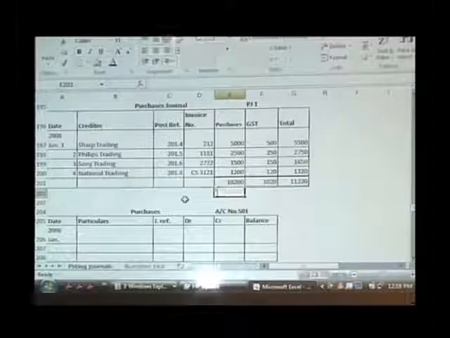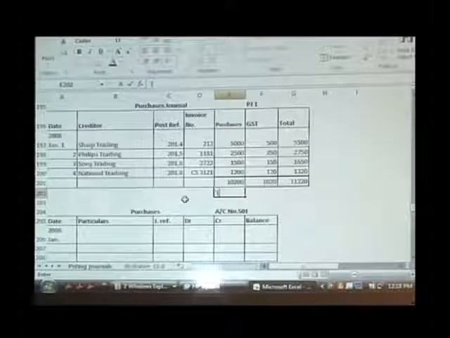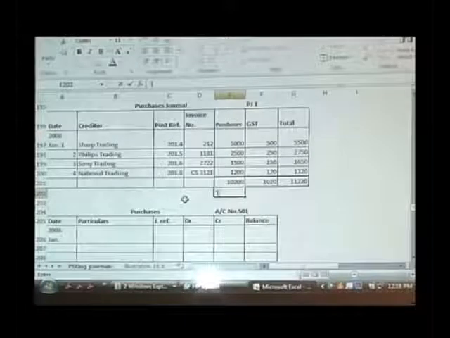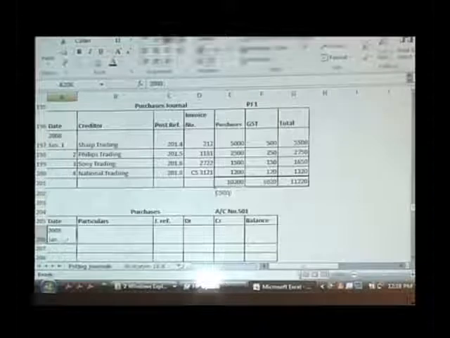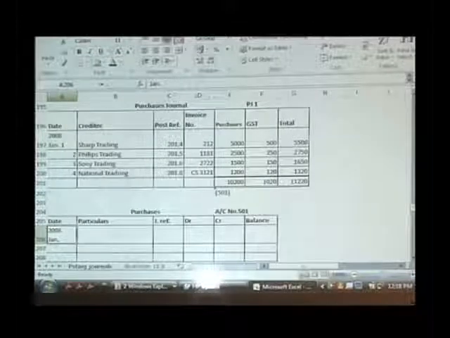Purchases column, the total is posted to the purchases account. Purchases account number is 501. Posting date is 4th.